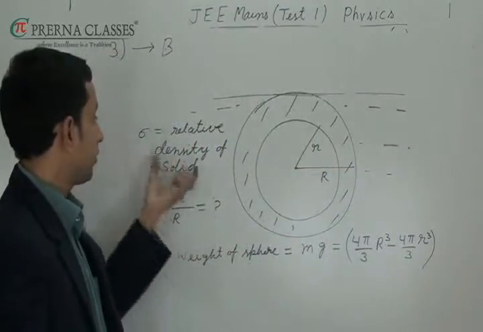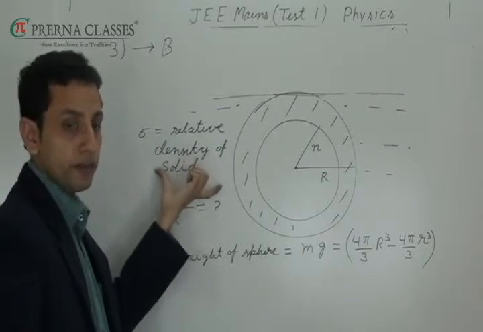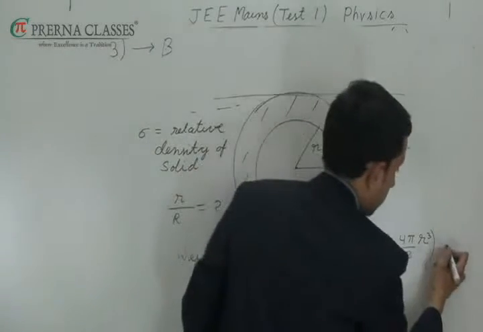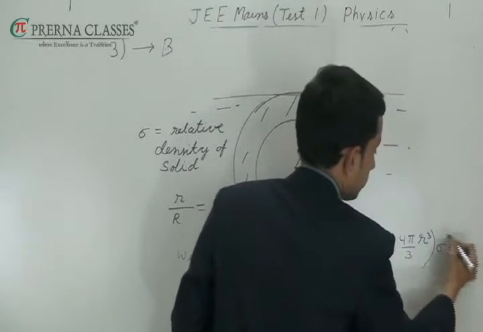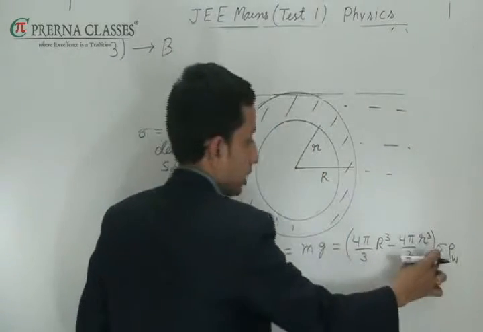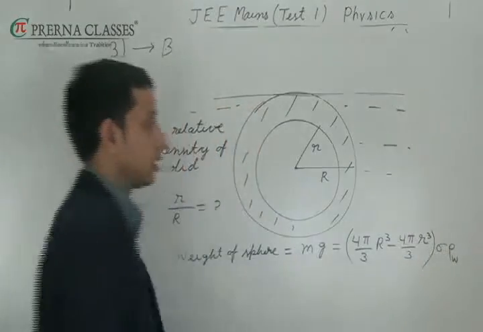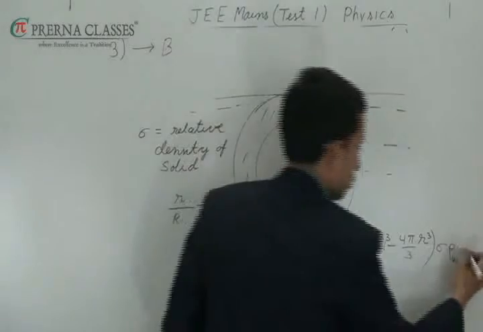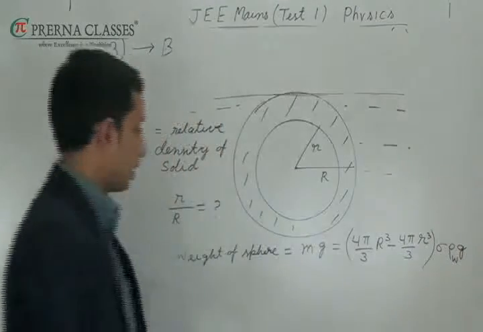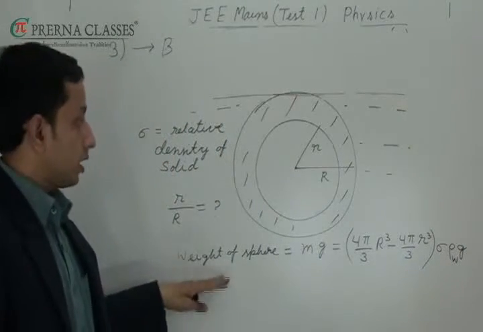For density, we have the relative density; if the relative density is multiplied by the density of water, we will get the density of the solid. So relative density into density of water gives the density of the solid, into g. Now this is the weight of the sphere.